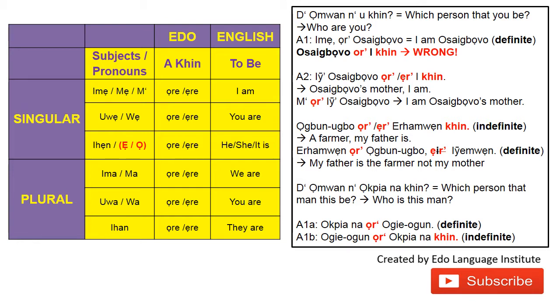Now I mark the e and o here, which also stand for he, she, and it, because these two particles are already in the verb form. They are already in the conjugated verb. So you have oi. So the o is already there, and a, we have the a already.